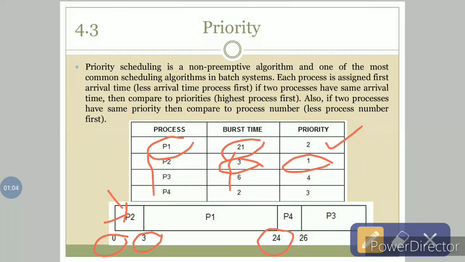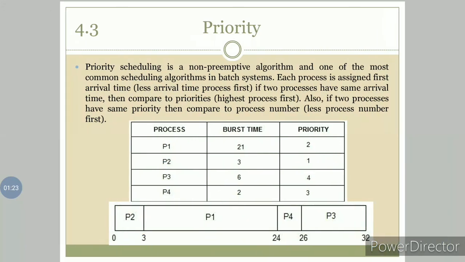After P1 we can see 3, that means P4 has the third highest priority, so P4 will execute with its burst time of 2 units of time, making 26. And last one is P3 with its burst time 6, that is 26 plus 6, which is 32. So this is all about priority scheduling.